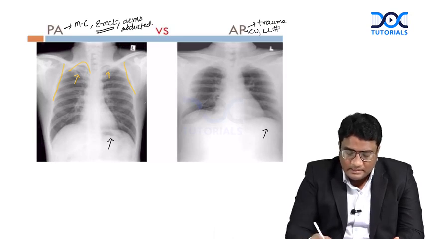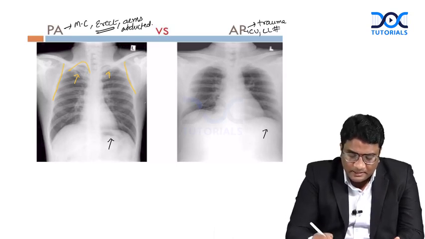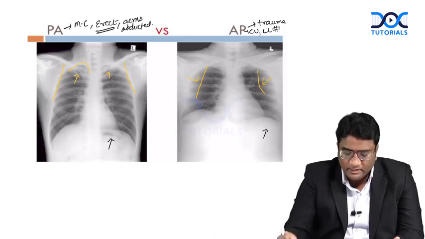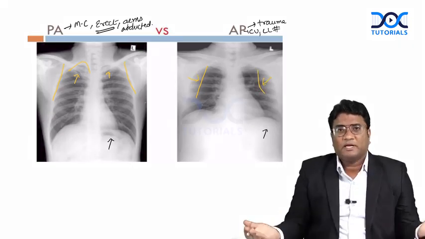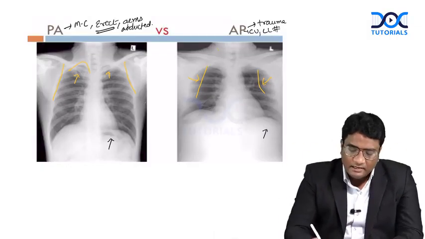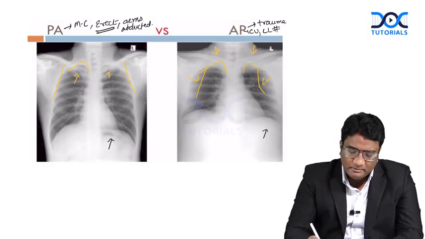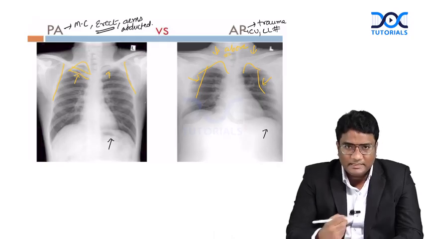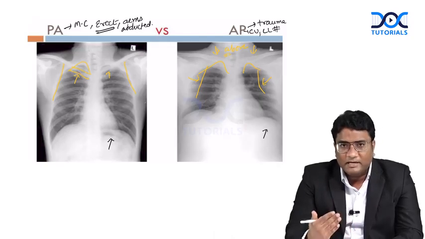The medial border of scapula is comparatively more medial. And the clavicle will be above the lung apex. Remember, A for AP, above the lung apex. In PA view, the clavicle overlaps the lung apex, and in AP view it is above the lung apex.